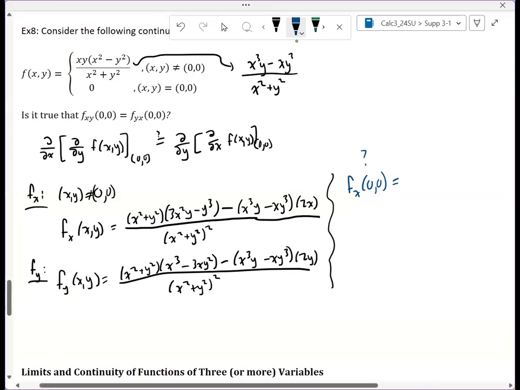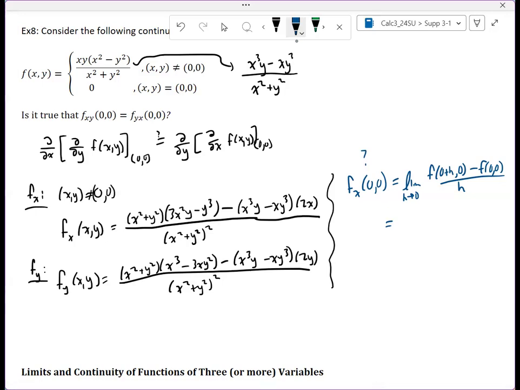Fx at 0, 0 is the limit as h goes to 0 of f of 0 plus h, comma 0, minus f of 0, 0, over h. We really need to go back to first principles for this, because f is piecewise defined at 0. Note that by definition, f of 0, comma 0 is just 0.